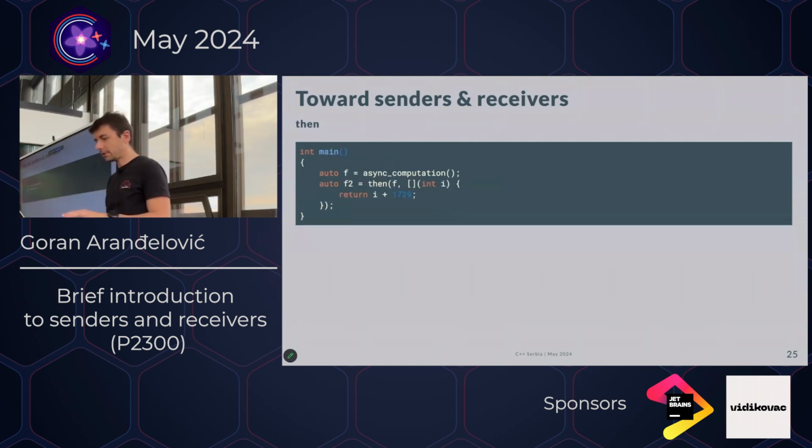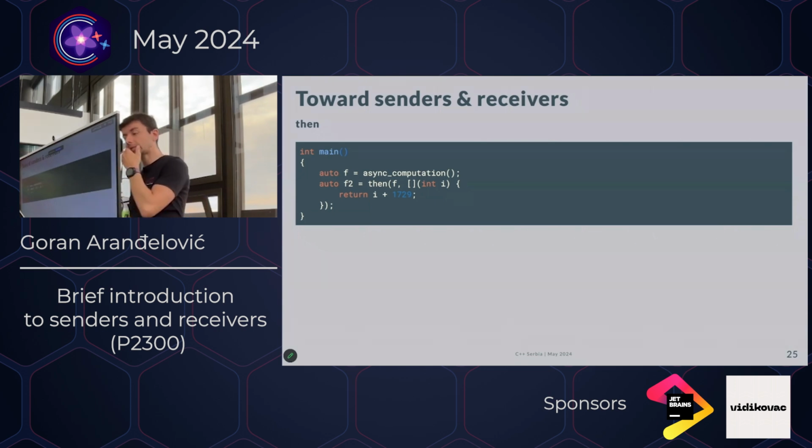But there is a problem here, and the problem is that you remember that we created a thread and that we detached it, right? And in the first example, I called .get on the future in order to get the value. Calling .get on the future will block until someone sets the promise.